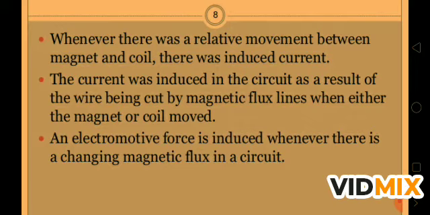When the magnet moves inside or outside, in both cases the magnetic field lines change in the coil and there is a current. When the magnet is stopped, it will not change its place in the coil, then there is no current. So an electromotive force is induced whenever there is a change in magnetic flux in the circuit.